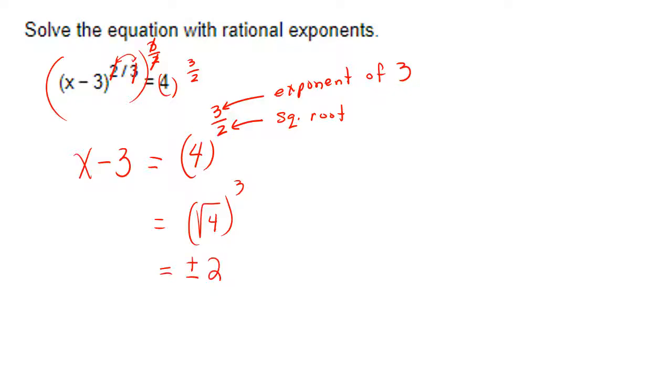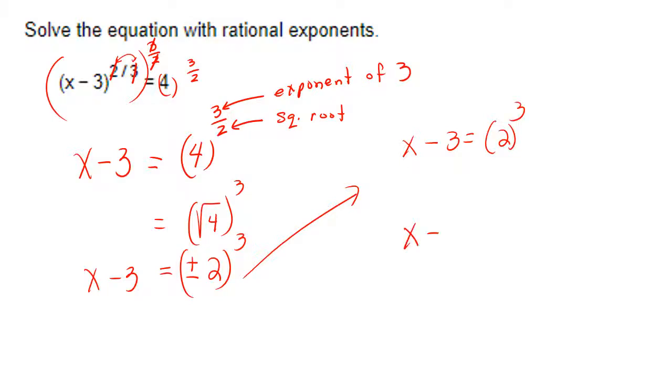We need to include both possibilities. Now, look at what we have here. We have x minus 3 equals a positive 2 cubed, or x minus 3 equals a negative 2 cubed.